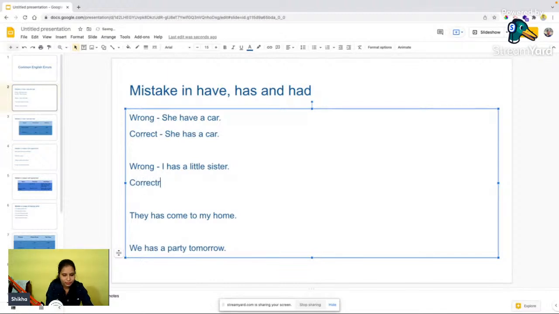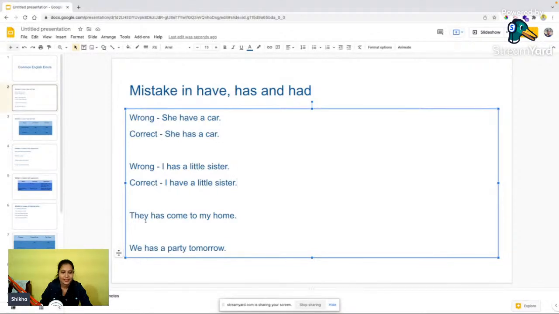Correct sentence is I have a little sister, right? Yes. So can you see, it is so simple. Just if we know a few rules, our English writing and speaking both are going to be so easy for us, isn't it? So the wrong sentence, I has a little sister, is wrong. We have to say I have a little sister, right?